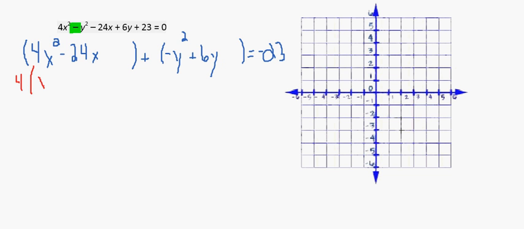So that would be x squared minus 6x. And then on the y squared you actually have to factor out a negative 1, which is a little tricky. So it's y squared minus 6y equals negative 23.